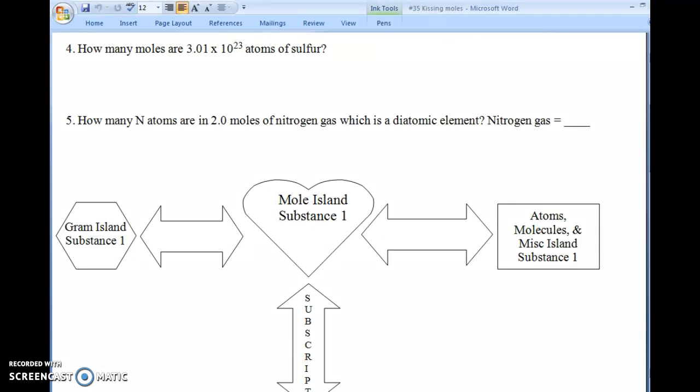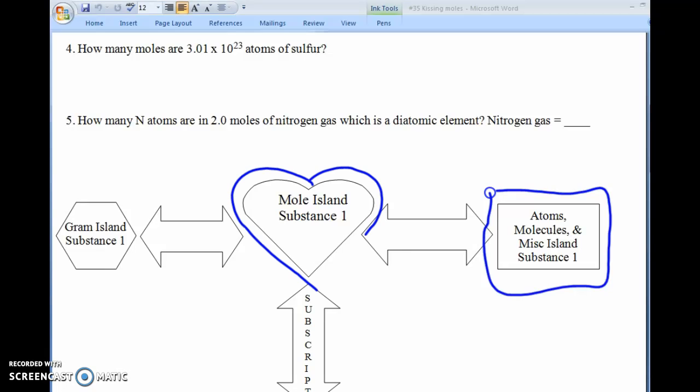And the first problem we have is how many moles are there in 3.01 times 10 to the 23rd atoms of sulfur? So I'm going to start with atoms, and we're going to go over to moles. Again, we've got to go across that bridge called 6.02 times 10 to the 23rd.